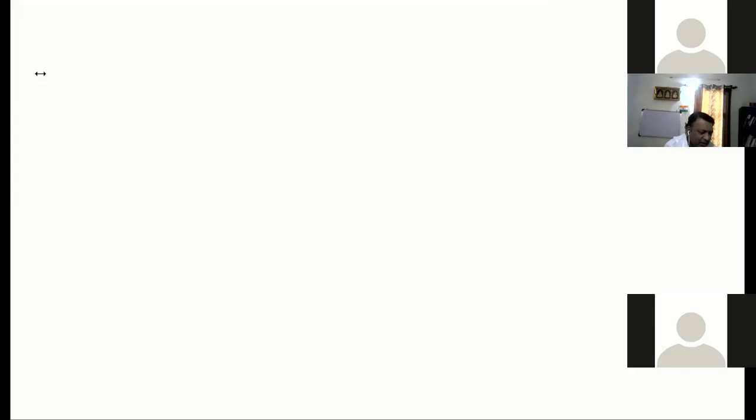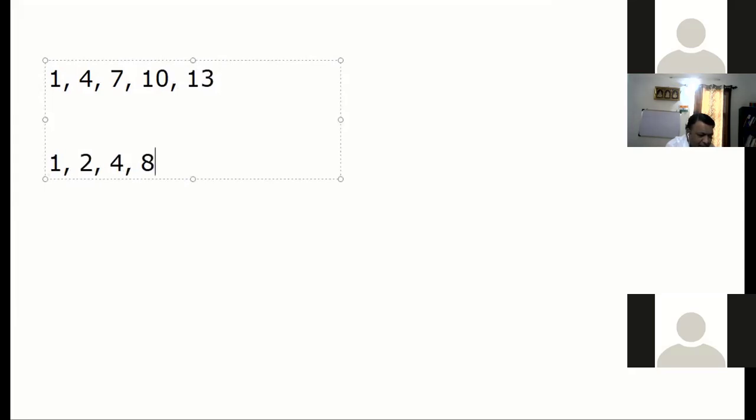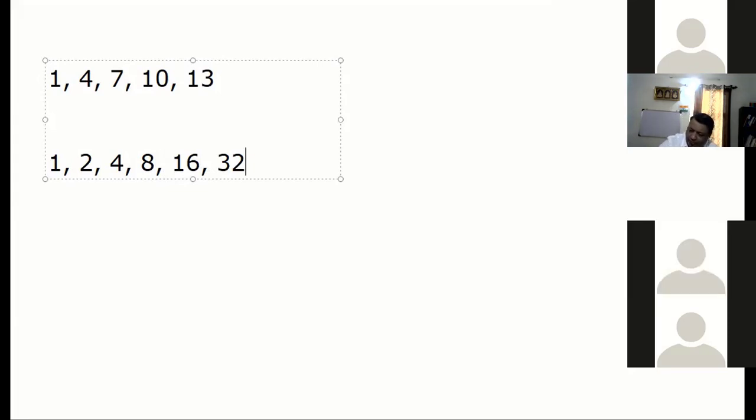If I write something like this: 1, 4, 7, 10, 13. And if I write 1, 2, 4, 8, 16. What is the difference between them? Klesha, what's the difference? In the first, the difference from each number to the next is 3, whereas here it is 2.